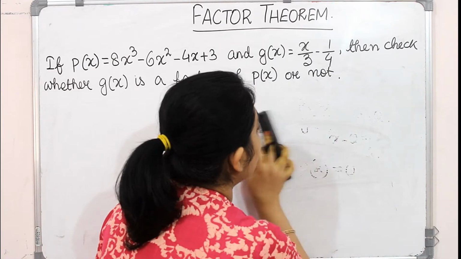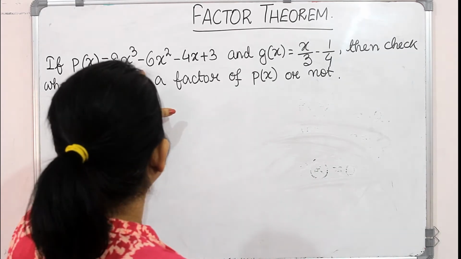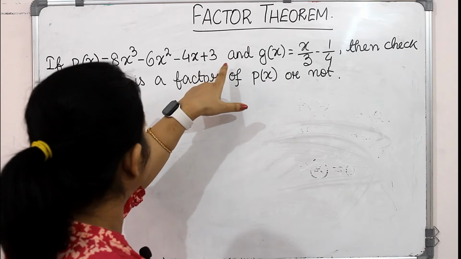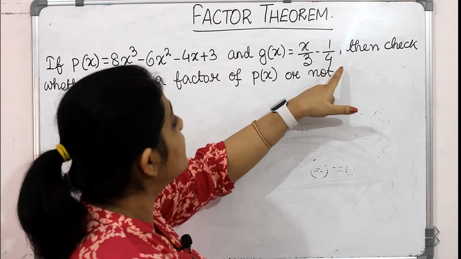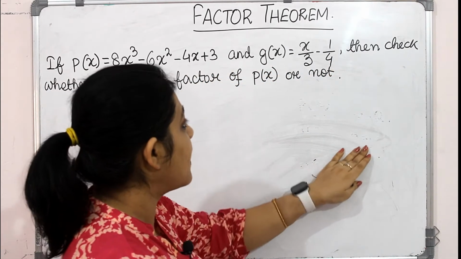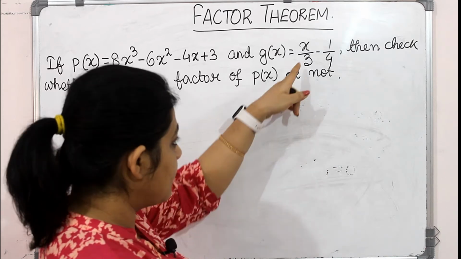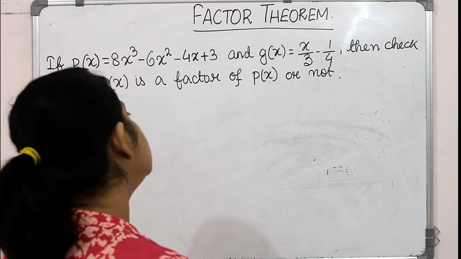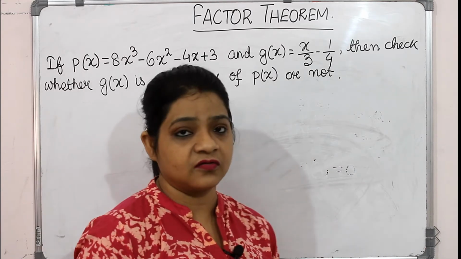So what is given over here? If p(x) equals 8x cube minus 6x squared minus 4x plus 3 and g(x) equals x by 3 minus 1 by 4, then check whether g(x) is a factor of p(x) or not.